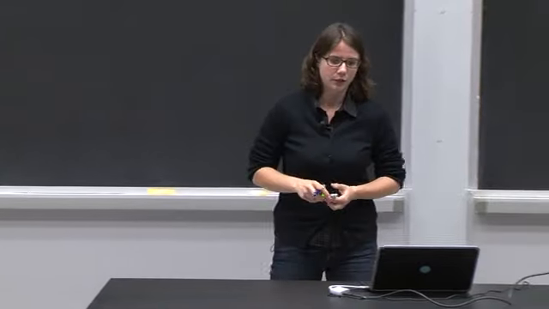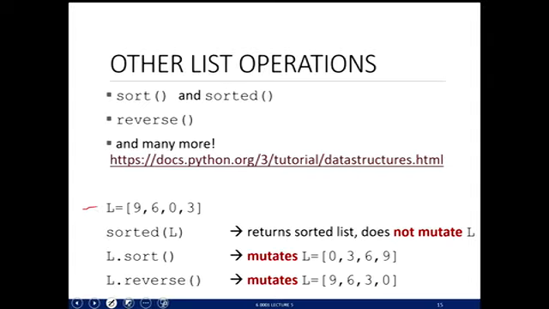Okay. So if I have this list L equal to [9, 6, 0, 3], sorted(L) you can think of as, give me the sorted version of L. It returns a new list that's the sorted version of the input list, and does not mutate L. So it keeps L the exact same way.